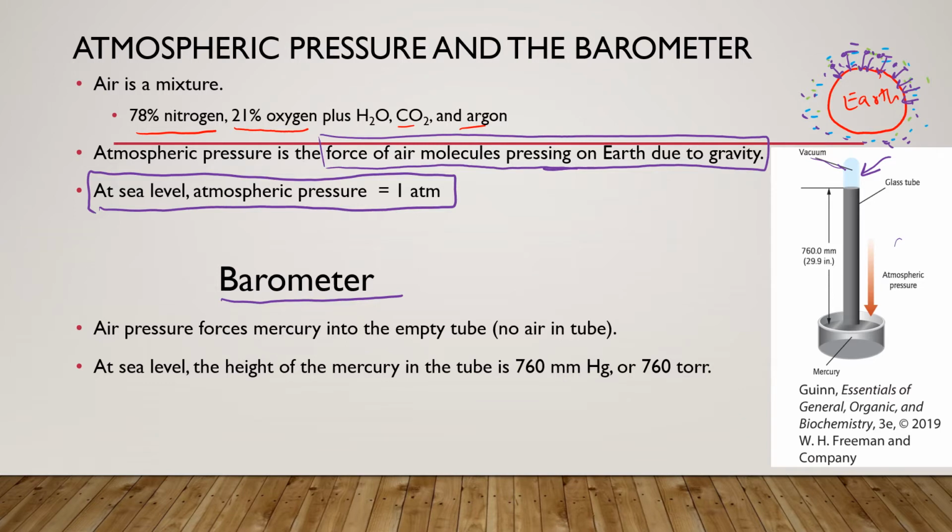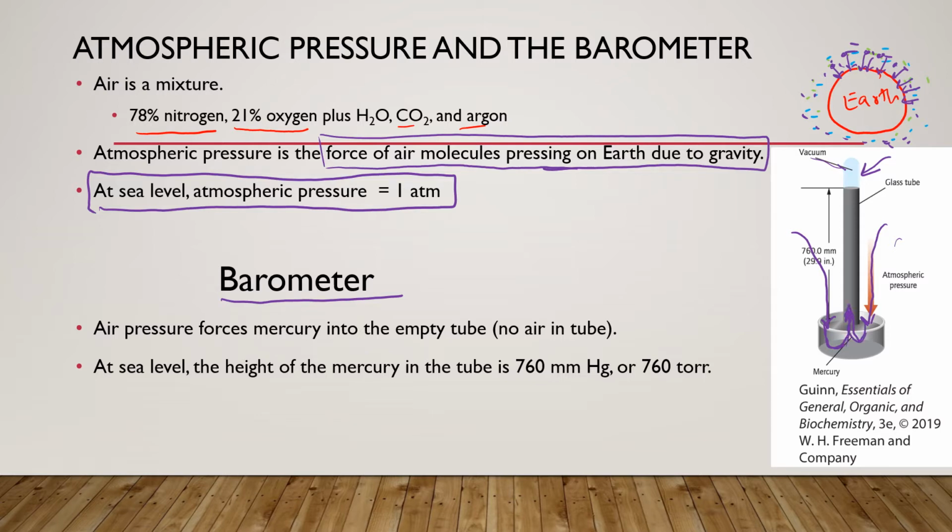So the atmospheric pressure will push the liquid down, and there is nowhere else for this liquid to go. So because of the atmospheric pressure, the liquid will start rising.